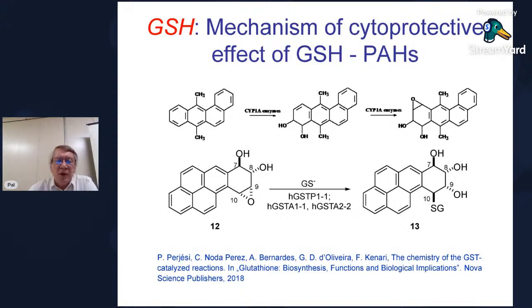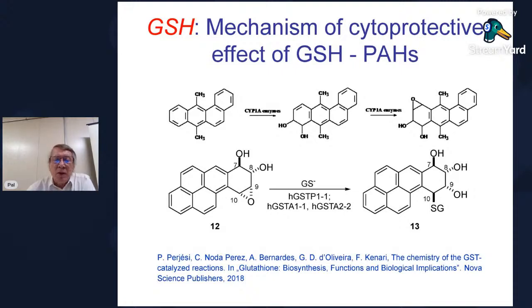These electrophilic species, in spontaneous reaction or glutathione transferase catalyzed reaction, can easily react with the reduced form of glutathione to form the corresponding adducts, which are glutathione adducts, which are typically less toxic than the reactant electrophile.